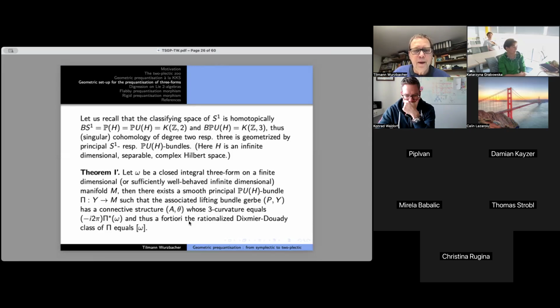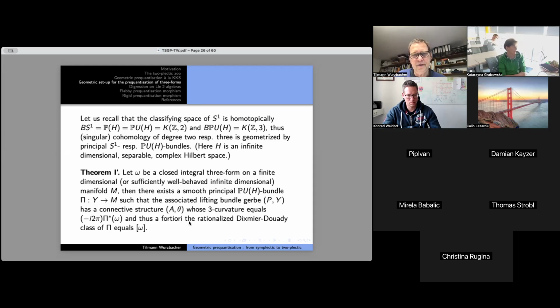Okay, big pi, from the total space I call Y, because I need the letter P later on, pi from Y to M. I will explain what it means, but there is an associated lifting bundle gerbe, pi Y, which is in fact a principal bundle, but not over M, but over the second symmetric power of Y. And this has what is called a connective structure, which is similar to a connection in the S1 principal bundle case, but it's a bit more complicated, and whose 3 curvature is then related to the 3 form omega.